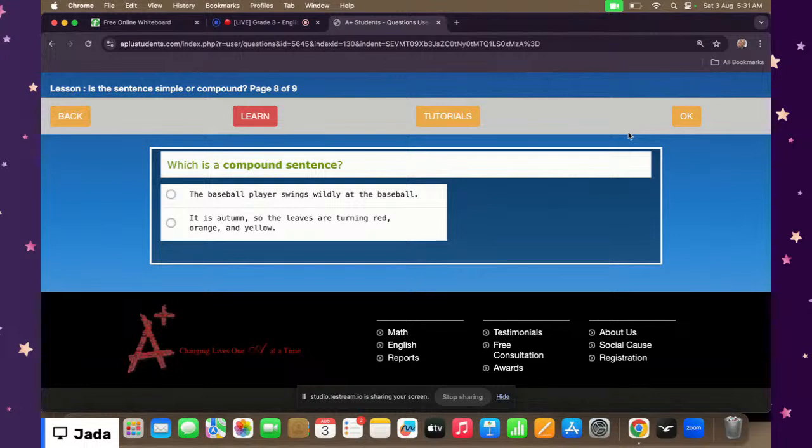The baseball player swings wildly at the baseball. It is autumn, so the leaves are turning red, orange, and yellow. What's the right answer here? What is it for the second?